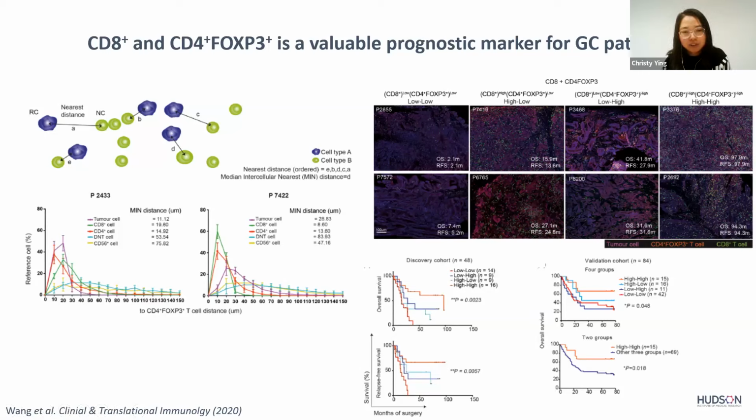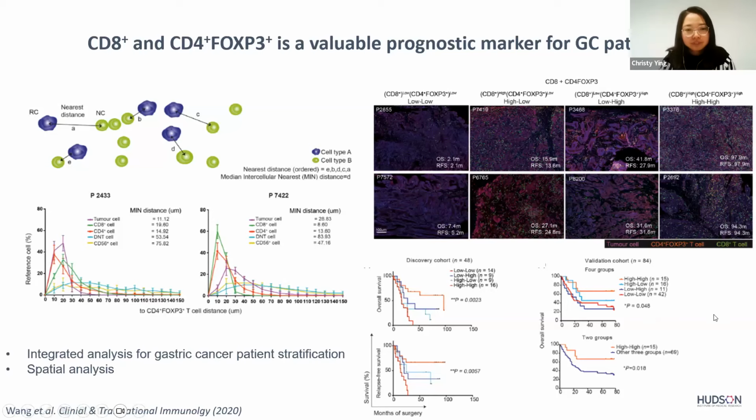These patients have better survival outcomes compared to the other groups. We also validated this in the previous cohort of 84 samples. So in this story, we were able to integrate multiplex IHC staining with other technologies for gastric cancer patient stratification, and we also started doing some simple spatial analysis.